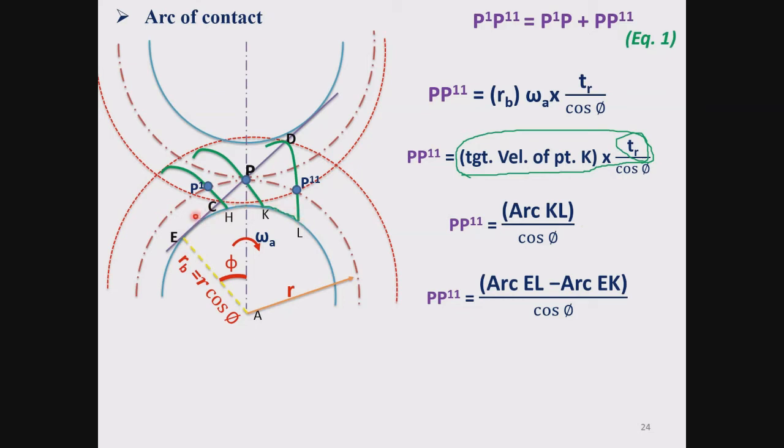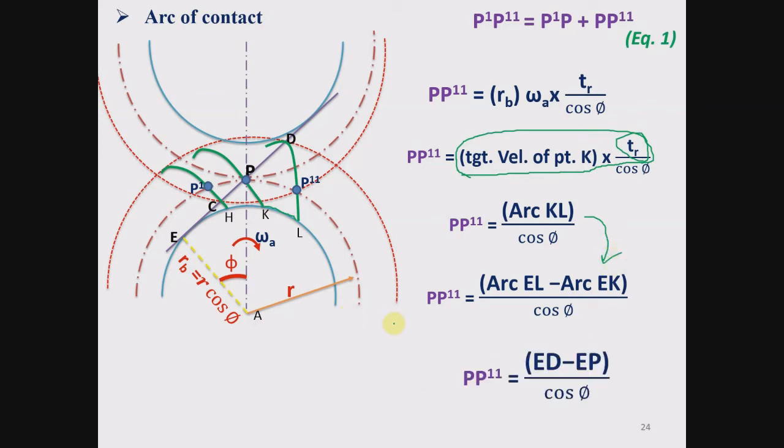You have to look along the base circle of gear 1. Arc EL minus arc EK will be the distance KL, correct? Arc length KL. So write this. Arc KL is nothing but arc EL minus arc EK.